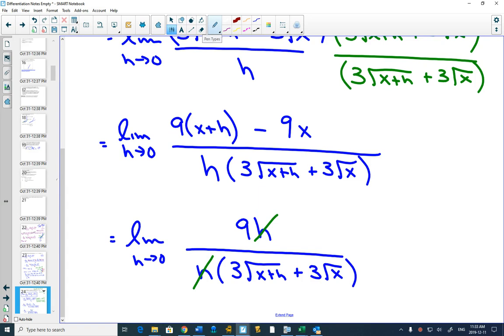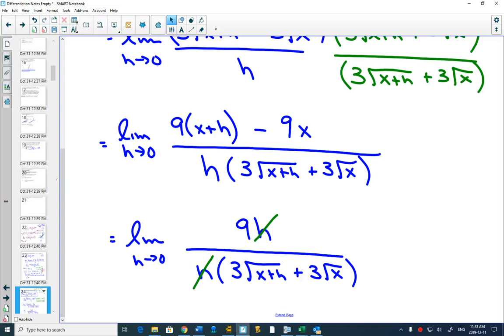And our h's nicely go away. We still have an h on the bottom. However, with that h on the bottom, if you plug in 0, what's the bottom going to equal? 3 root x plus 3 root x, or 6 root x?